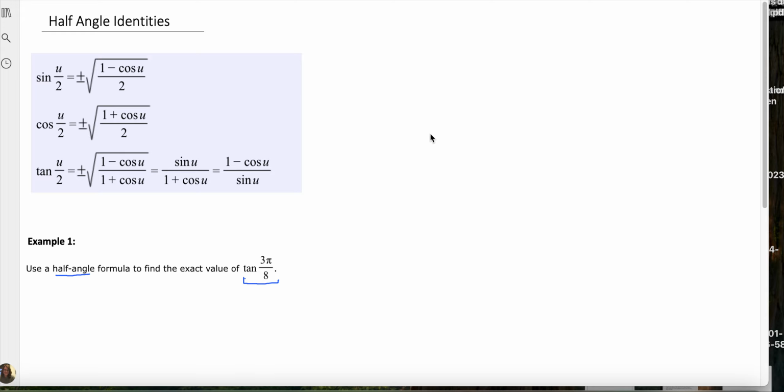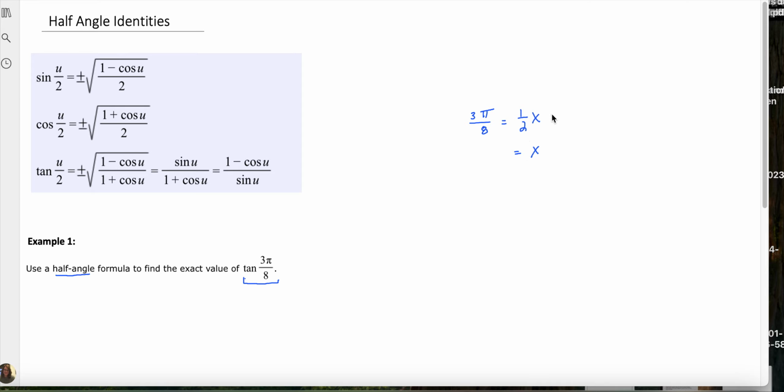So what that implies is that 3 pi over 8 is equal to 1/2 of one of those special angles for which we can find an exact value. So let's solve for x to see what that angle is.